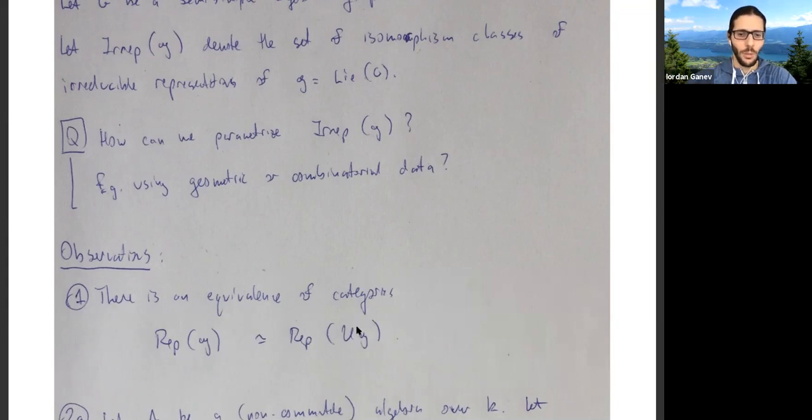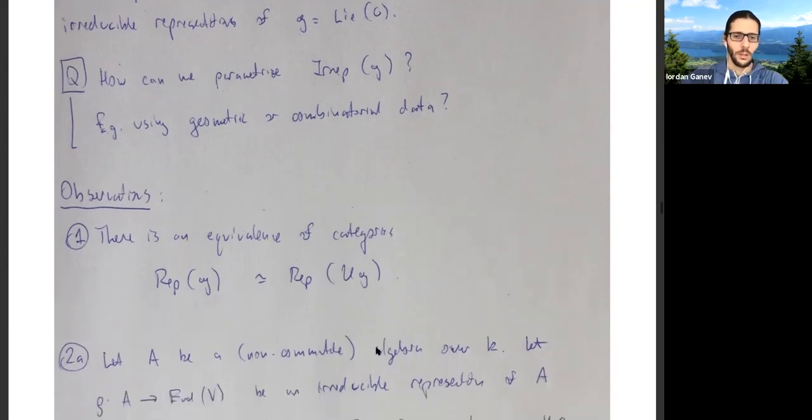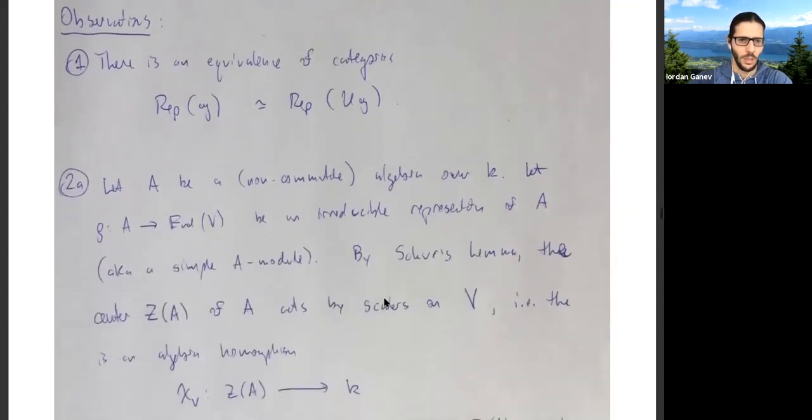I'm going to use representations and modules interchangeably. Its category of modules is the same as the category of representations for the Lie algebra. So that's the first observation, that it's enough to consider this algebra object as opposed to the Lie algebra.